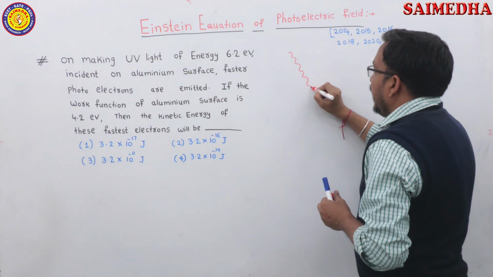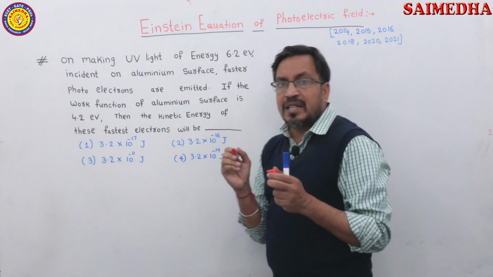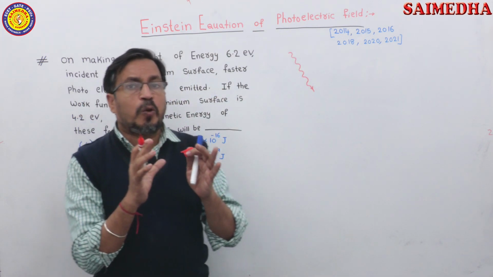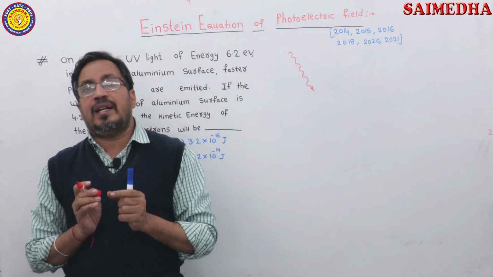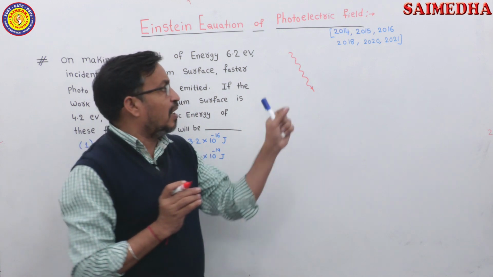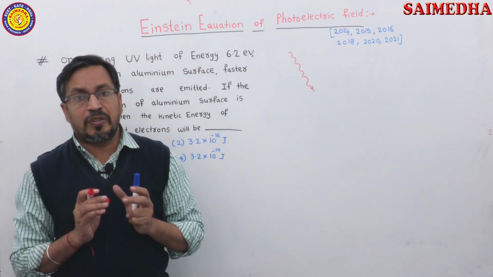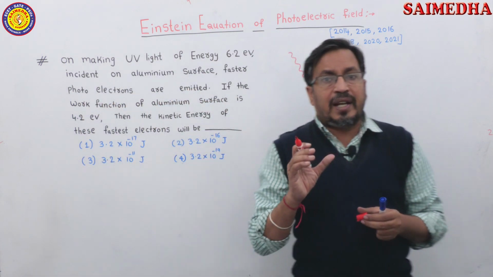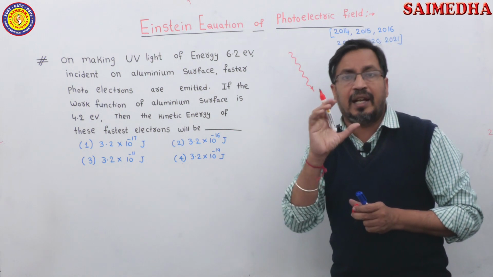This light wave is a stream of particles of electromagnetic energy, and these particles of light are known as photons. So students, the light wave consists of a stream of particles of electromagnetic energy.